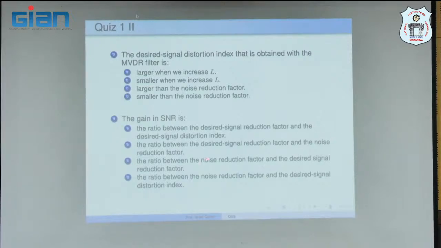When you increase the noise reduction factor, it means that you suppress more noise, right? So what happens to the gain in SNR? Increases. Exactly. So it should be in the numerator. So it's the ratio between the noise reduction factor and the desired signal reduction factor. Okay, let's move on.